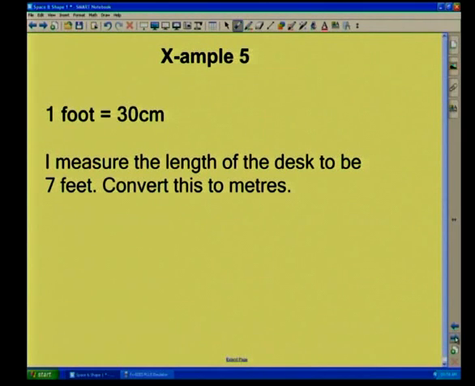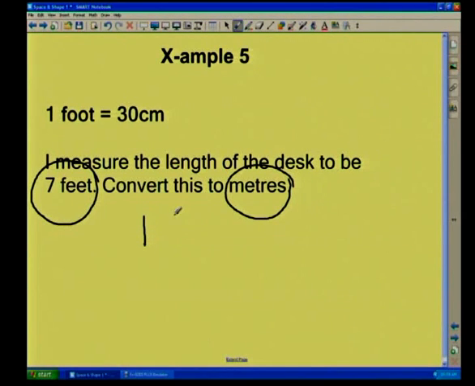Let's look at example 5. 1 foot is equal to 30 centimeters. I measure the length of a desk to be 7 feet, and convert this to meters. In other words, I'm converting from imperial to metric. Again, I'm going to write down the information that I've been given. So 1 foot is equal to 30 centimeters.